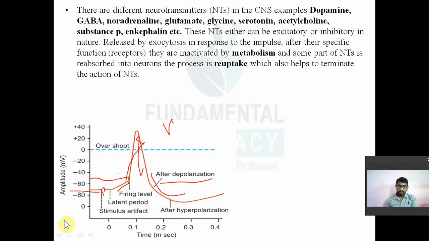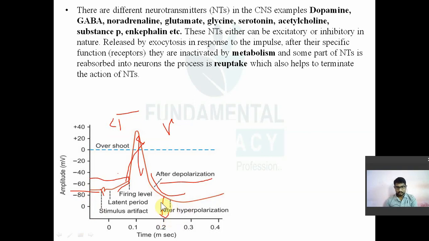Suppose chloride enters the cell. First sodium entered, and now if chloride, Cl minus, enters, then what happens? There is already a negative potential of minus 70 millivolt, so when chloride goes inside the cell, this negative potential will again increase on the negative side. That is known as hyperpolarization.